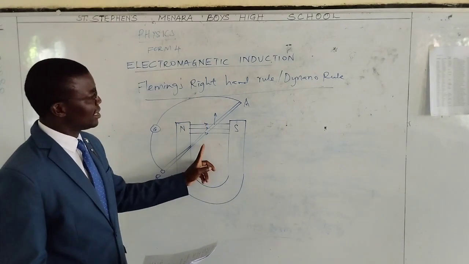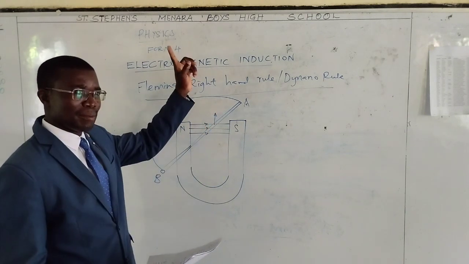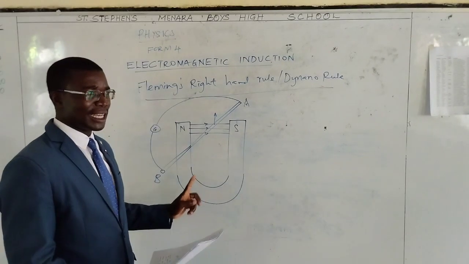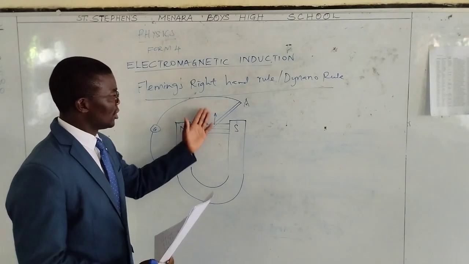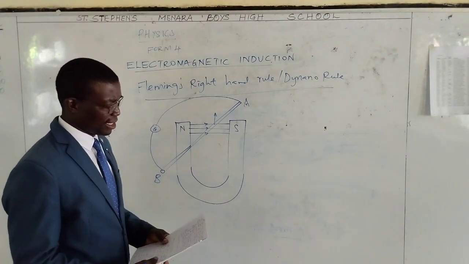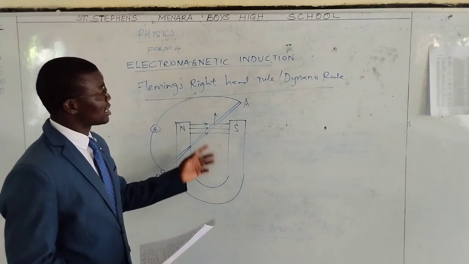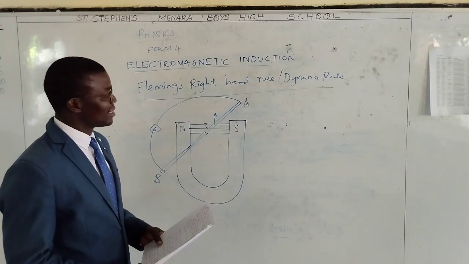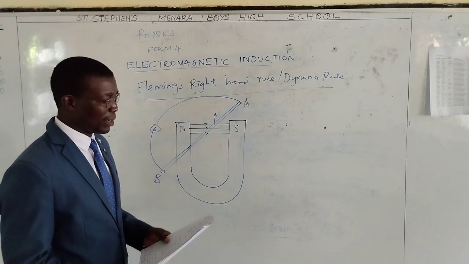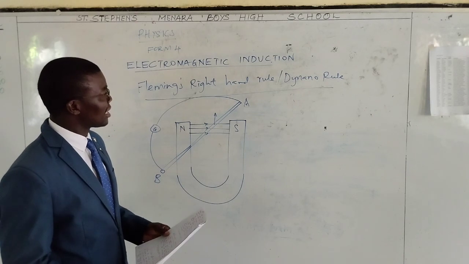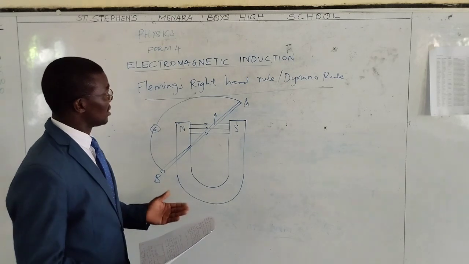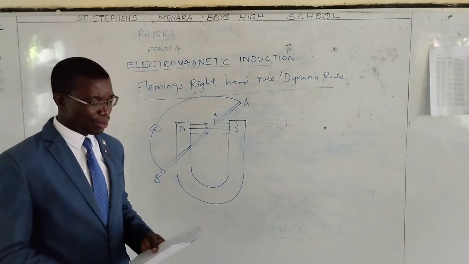Move the conductor AB up, perpendicular to the field, then move it down. Again, the movements must be perpendicular to the magnetic field. Now it is observed that when the wire moves upwards, the induced current flows from B to A, and when the wire is moved downwards, current moves from A to B, consistent with Fleming's right-hand rule.